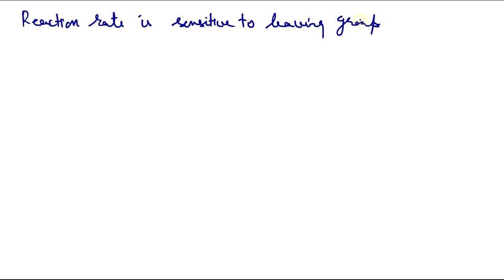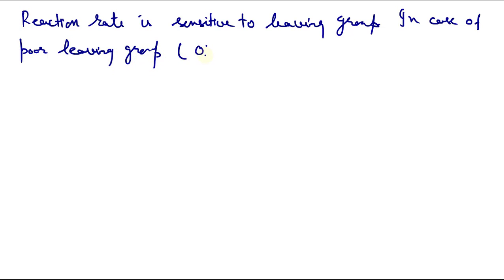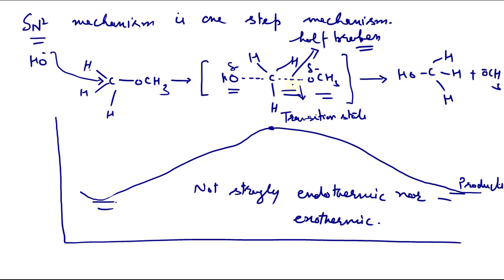In case of very poor leaving groups, like alkoxide, the reaction is quite slow, because the bond cleavage between carbon and the leaving group is involved in the transition state.